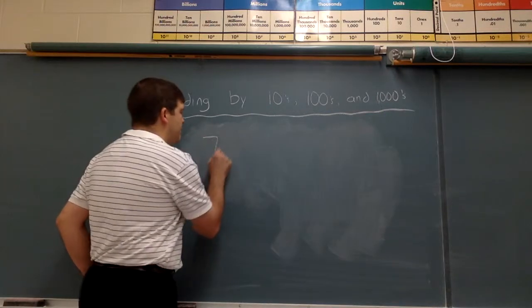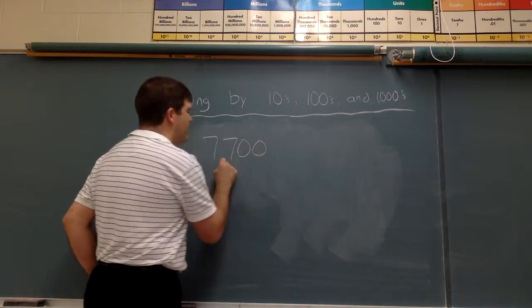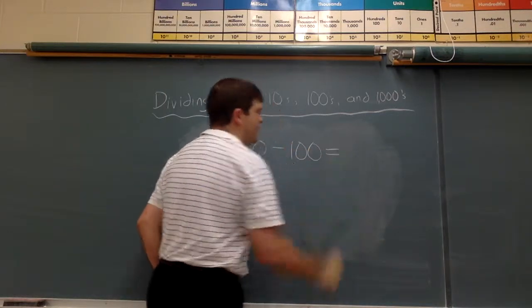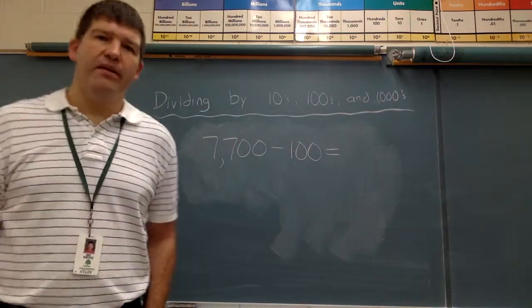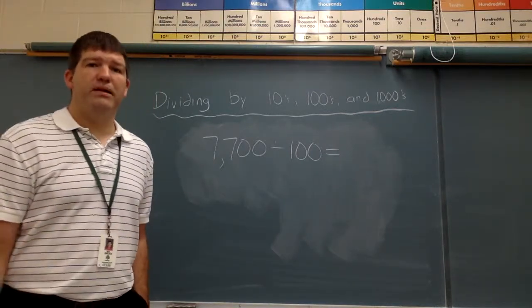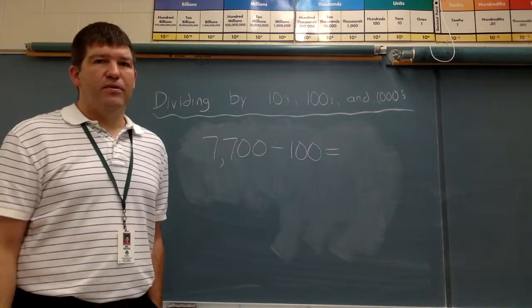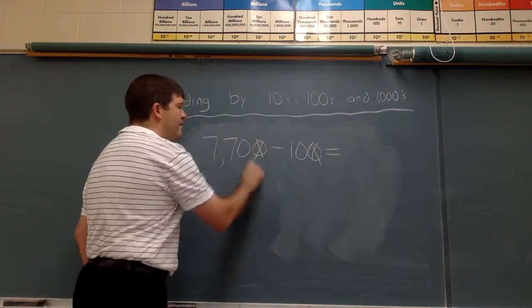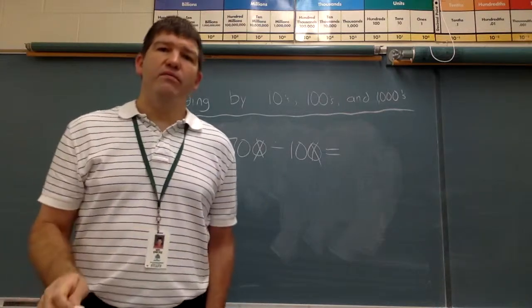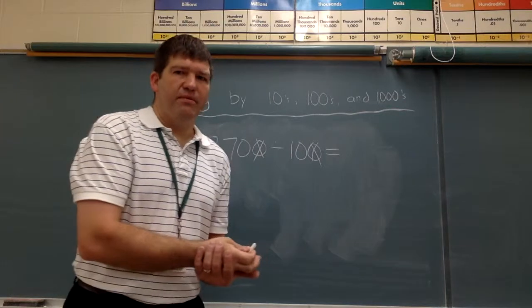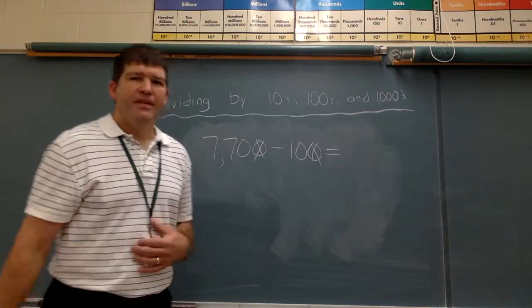Let's do 7,700 divided by 100 and see what that equals. Now, first thing I do is I look at starting with the 1's place value, and I see a 0 in the 1's. So I'm going to take that, get rid of that, and get rid of that. If I get rid of the 0 in one number in the 1's, I have to do it in the other number. Okay, got to be fair.